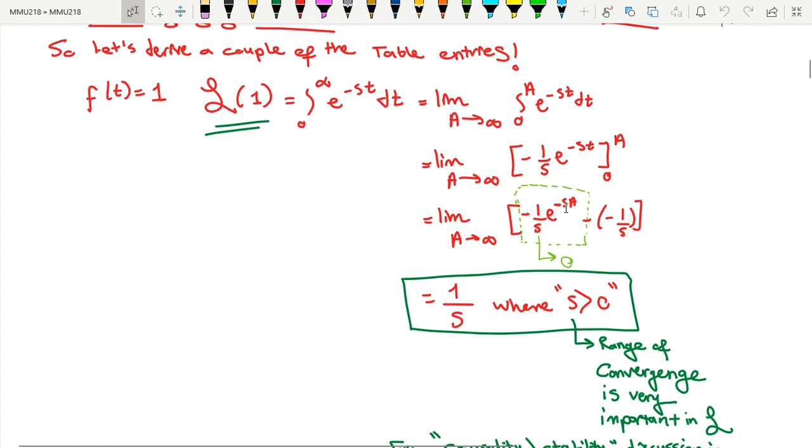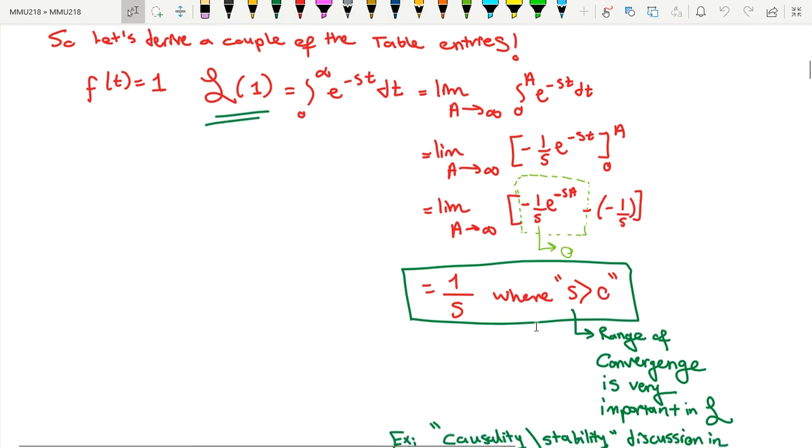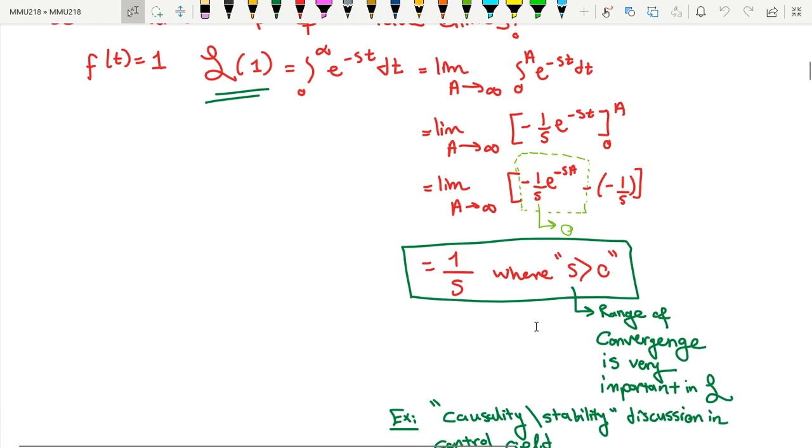As e to the minus s infinity approaches 0, this first term approaches 0, so minus minus goes to plus 1 over s, and here I really need to be careful to define it.